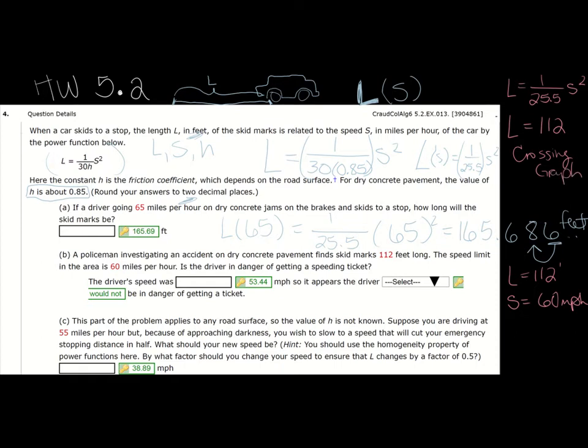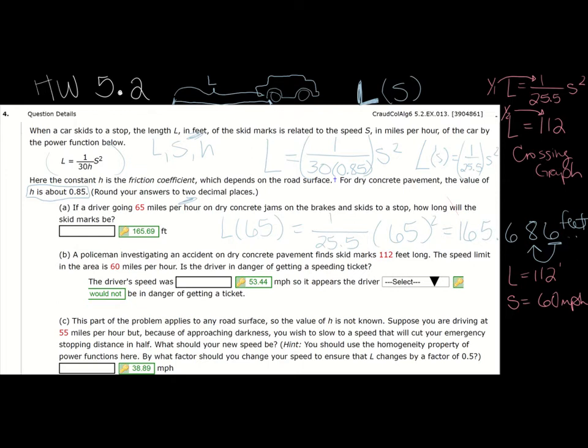What that consists of is making one of those lines into Y1, and one of those lines into Y2. Then we're going to graph them and see exactly where they intersect. That intersection point will give you the speed that we were going, for a length of 112 feet.